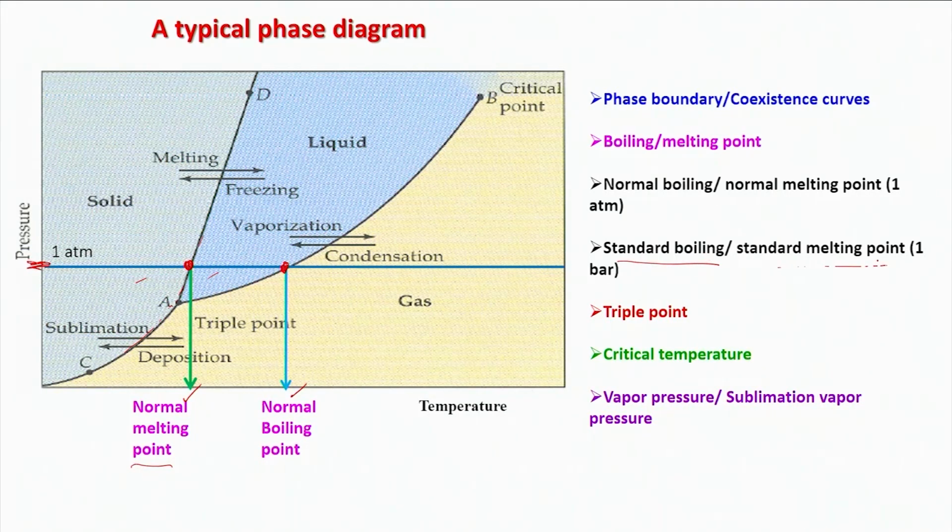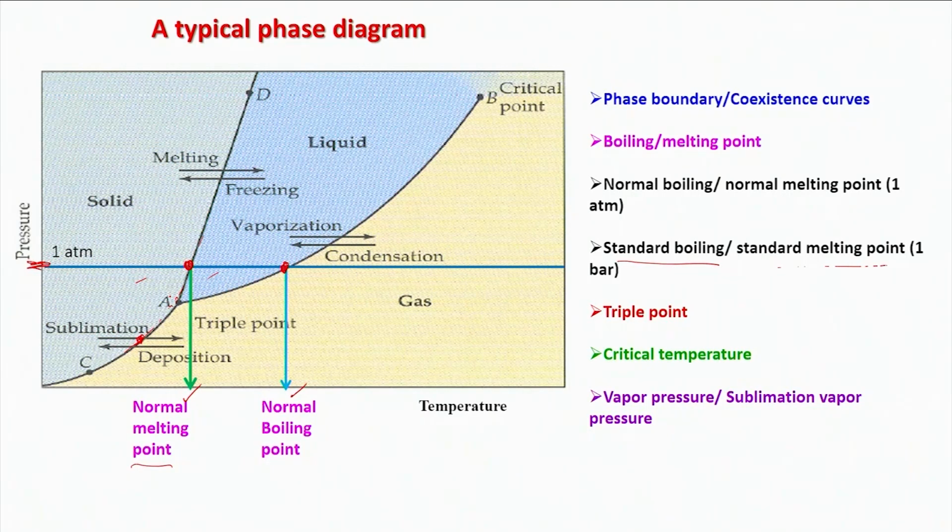Now, as you see, there is something very interesting over here. When I have sublimation, I am talking about a temperature like this, and therefore for the given phase diagram, the solid at 1 atmospheric pressure will never undergo any sublimation, and that is because the sublimation curve has gone up to this point A and it does not exist at 1 atmospheric pressure.